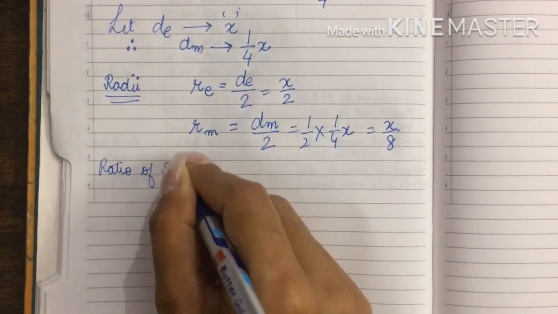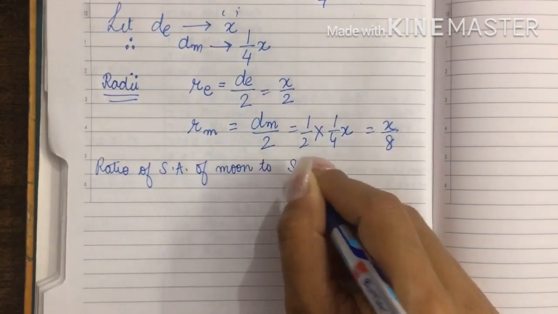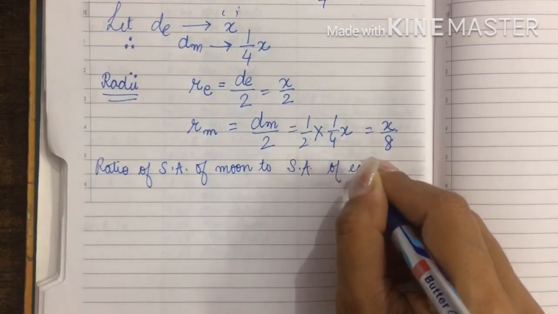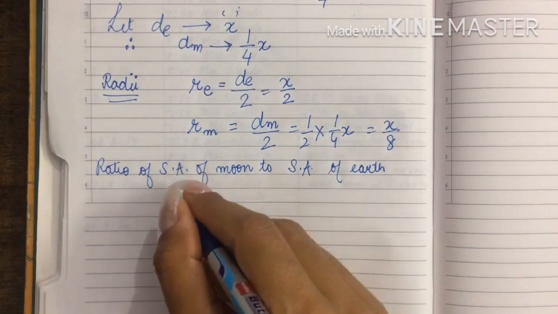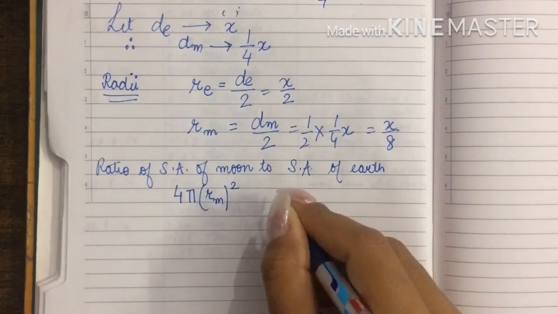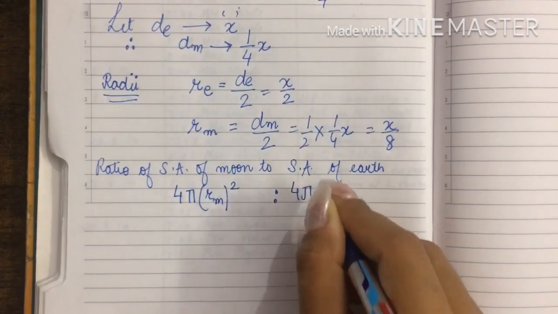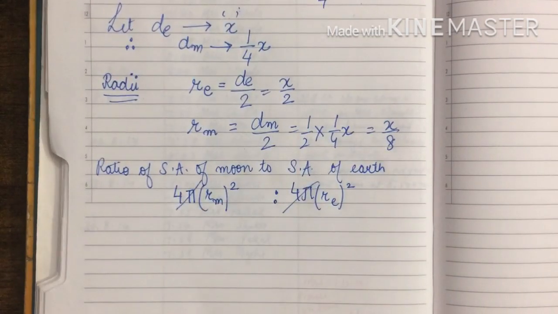Ratio of surface area of moon to surface area of earth. The formula for both will be 4 pi r square. So 4 pi radius of moon squared is to 4 pi radius of earth squared. These will get cancelled.